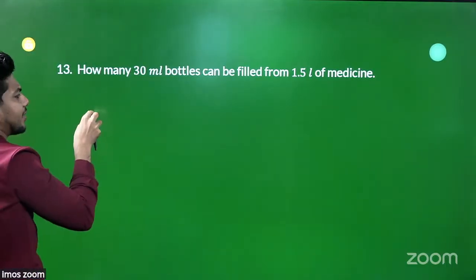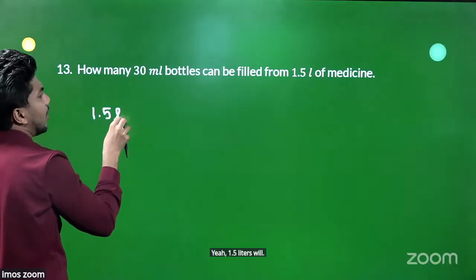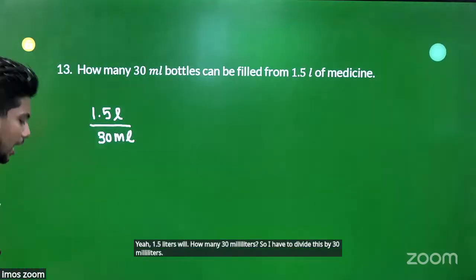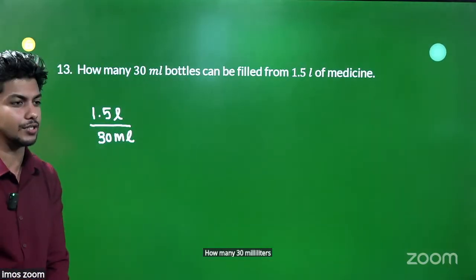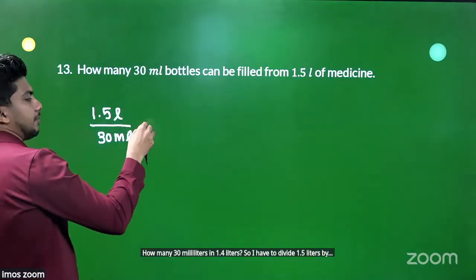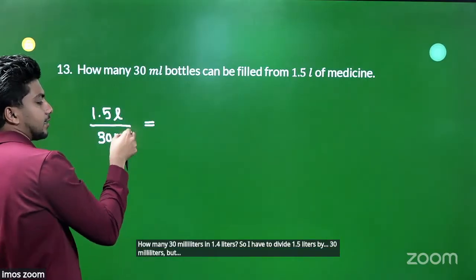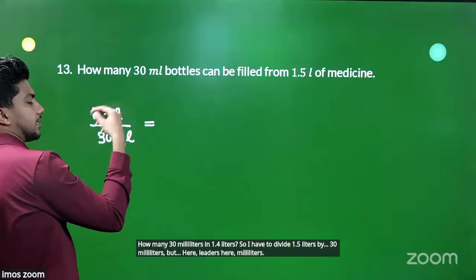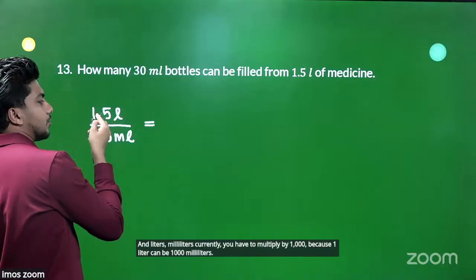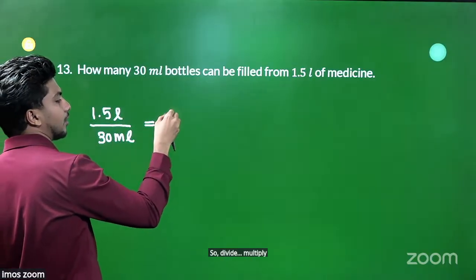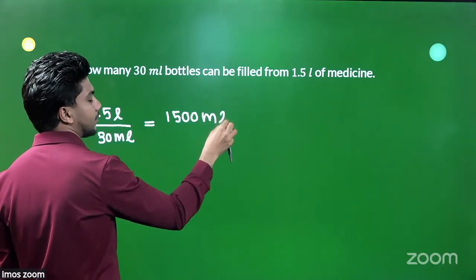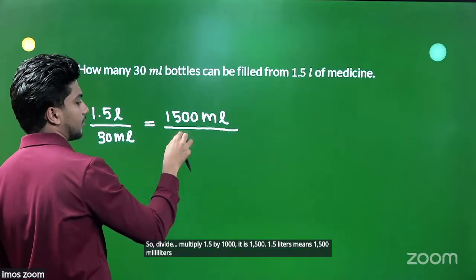I have to divide 1.5 liters by 30 milliliters. But here it is liters and here milliliters, so you have to multiply by 1000, because 1 liter is 1000 milliliters. Multiply 1.5 by 1000, it is 1500. 1.5 liters means 1500 milliliters. Here it is 30 milliliters.